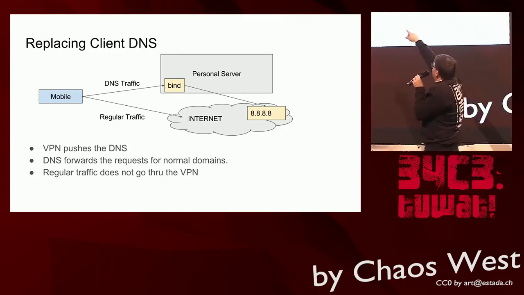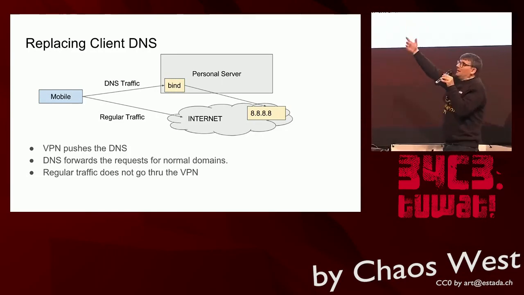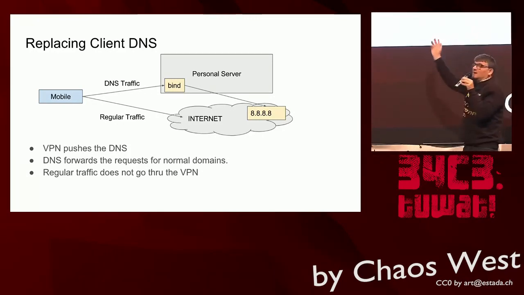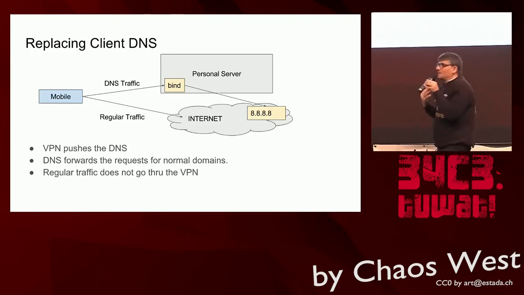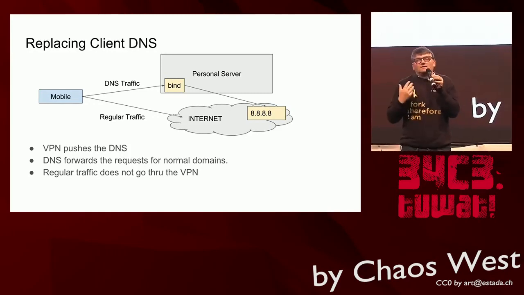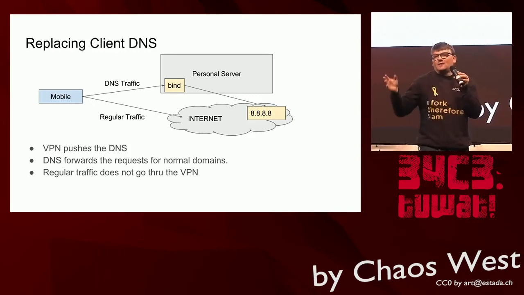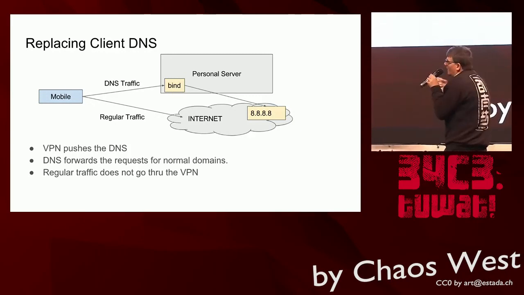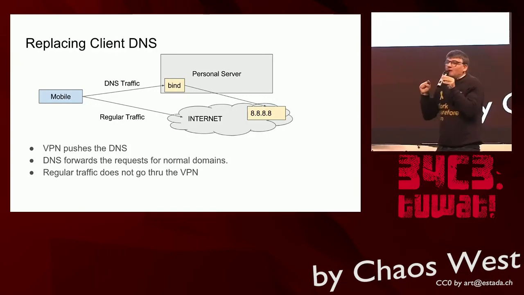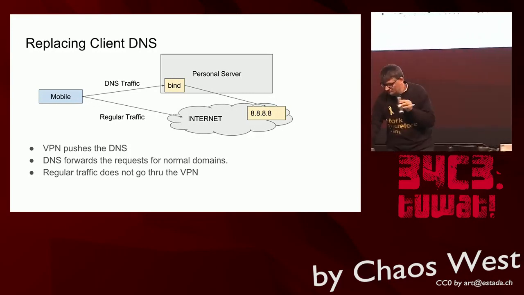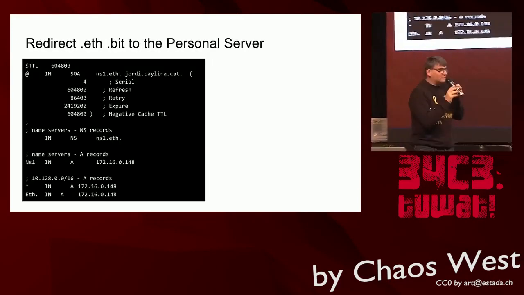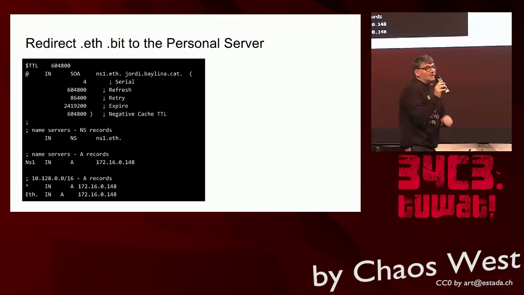In our DNS configuration, what we do is we just forward the query to a regular DNS in general. But we catch it if, for example, somebody asks for a decentralized domain, for example a .eth or a .bit. Then we redirect that name to our server so that we can handle it. Okay? This is more or less how a DNS record would look.